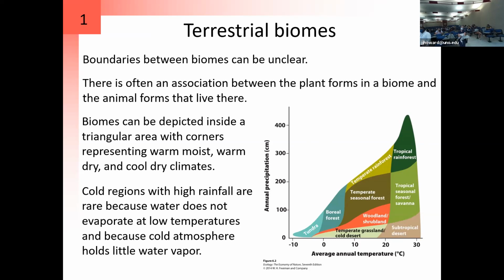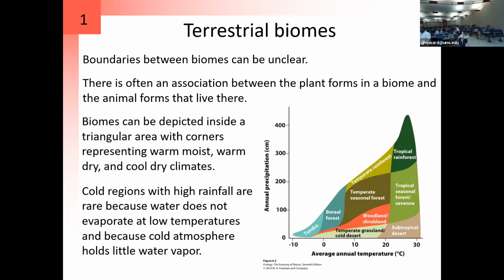And then finally, you have hot deserts where it's dry and warm. And this is the average annual temperature. So this is day and night combined. And 30 degrees centigrade is 86 Fahrenheit. So that would be the average temperature all year long, day and night. That's pretty warm.